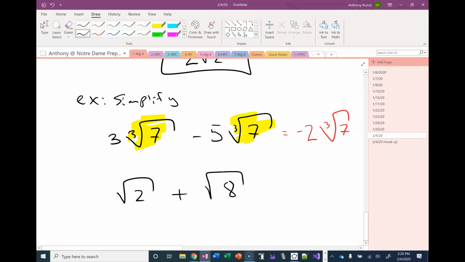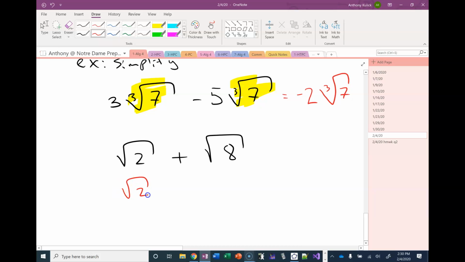How about the square root of 2 plus the square root of 8? Can we do this? Yes. The square root of 8, while it doesn't look at first glance like we can do this because these are different radicals, perhaps the square root of 8 can be simplified so that it is the same radical.